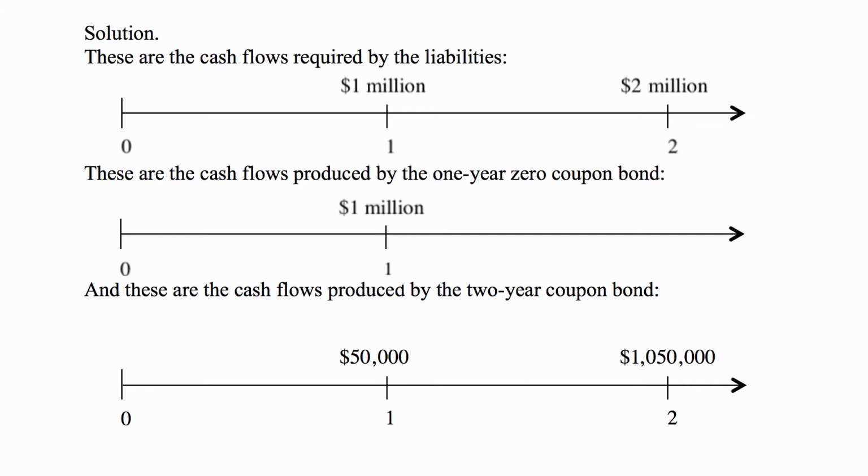And these are the cash flows produced by the 1-year zero coupon bond. There's only one payment of $1 million 1 year from now. And these are the cash flows produced by the 2-year coupon bond. It pays a $50,000 coupon at time 1, a year from now, and it pays again a $50,000 coupon plus $1 million repayment of principal at time 2, for a total of $1 million and $50,000.